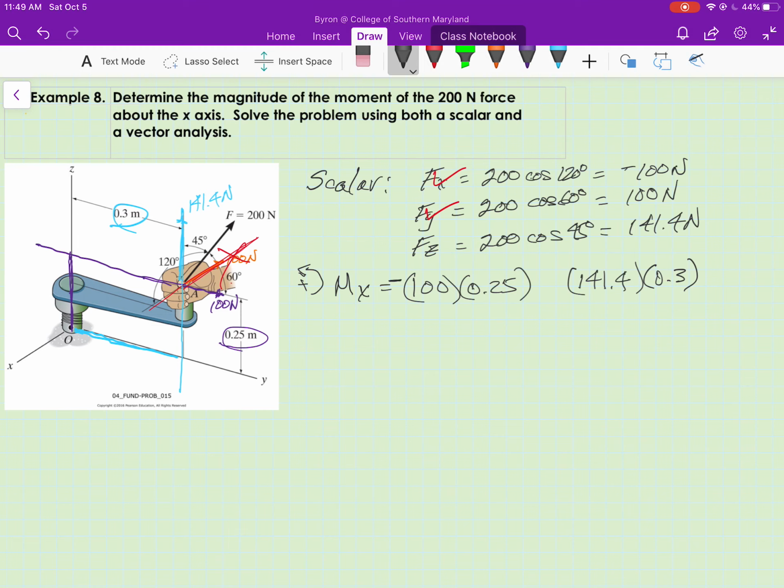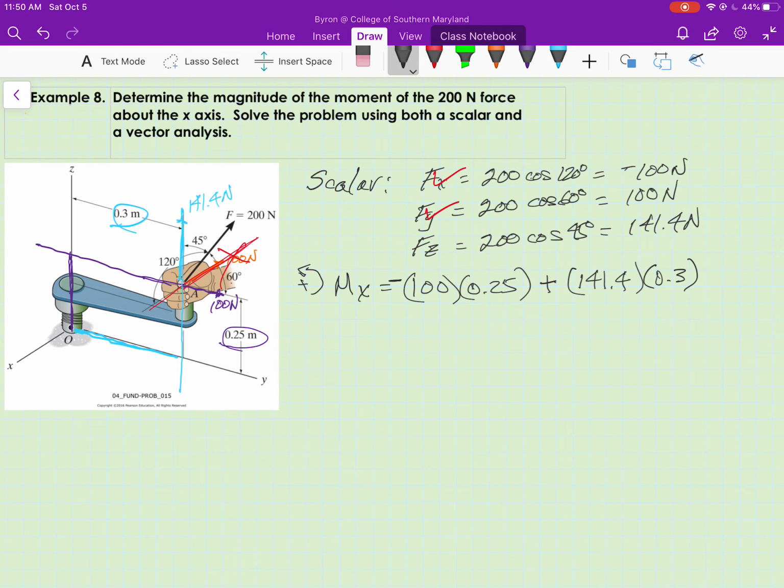Now we need to determine, is that a clockwise or a counterclockwise moment? We look at it and see that F sub z, to the right of the x-axis, is going up. So it's going to create a counterclockwise moment, which is positive based on our assumption of setting counterclockwise moments about the x-axis to be positive.